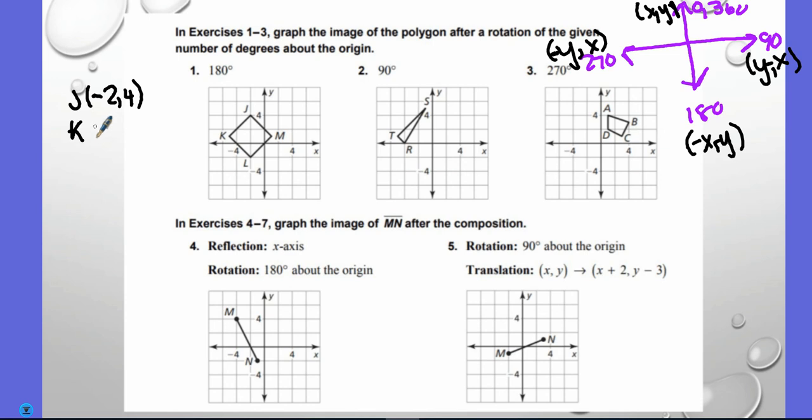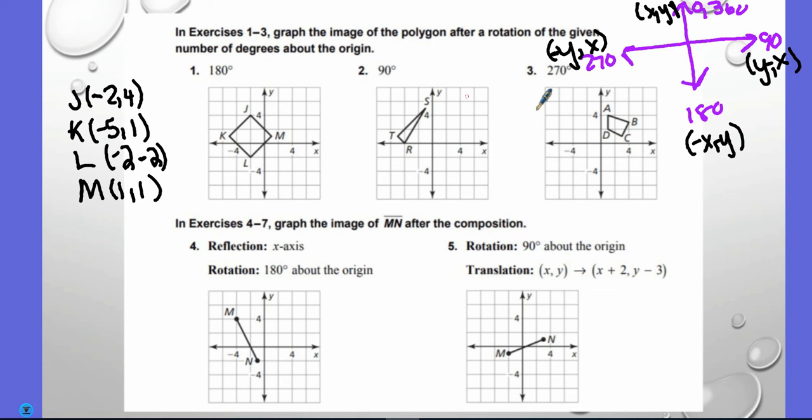K is -5 and 1. L, -2 and -2. And M, 1 and 1.